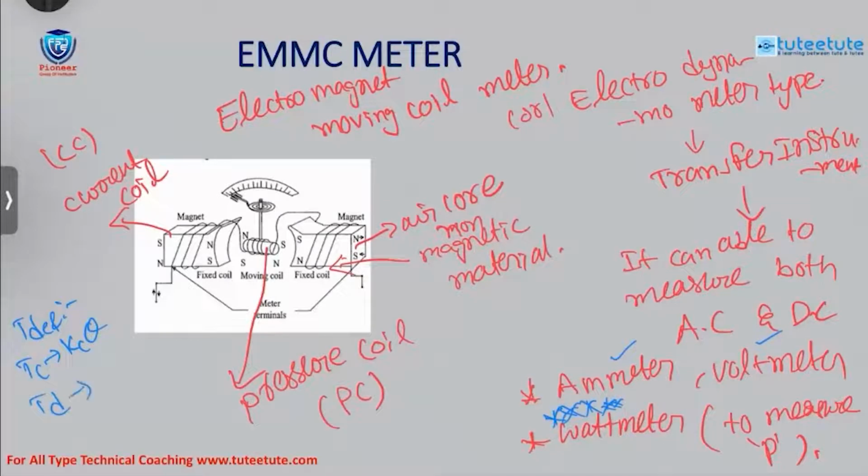And since we are using an electromagnet, eddy current damping is not used. Here also we are going to use air friction damping. The damping torque is developed by the air friction mechanism, the controlling torque by the spring mechanism, and the deflecting torque by the measuring quantity.